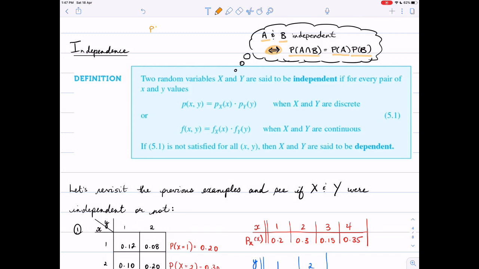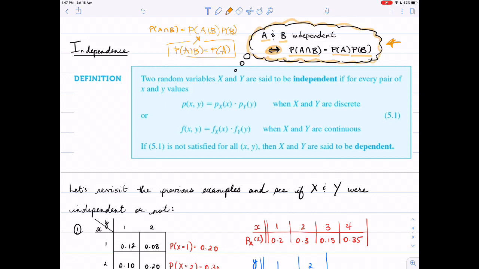The probability of A intersect B is equal to, well, this is the multiplication rule, the probability of A given B times the probability of B. And the equivalent definition of independence is that the probability of A given B is just equal to the probability of A. Those conditions are equivalent, so either definition can be used for independence of events, and we are going to base ourselves on this version of it.